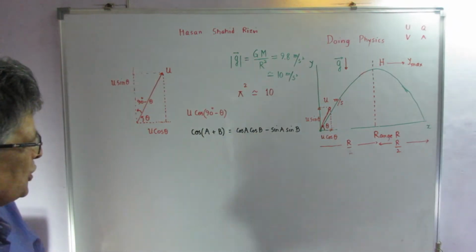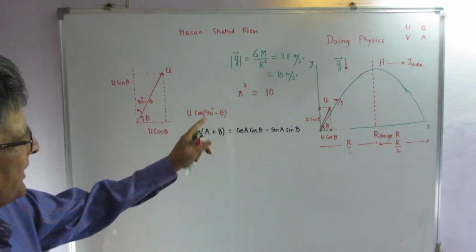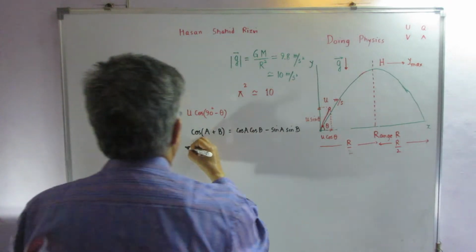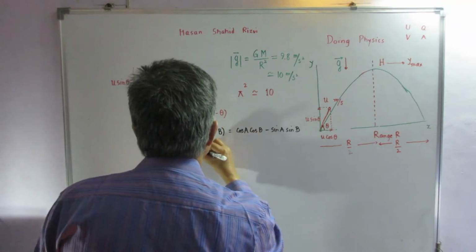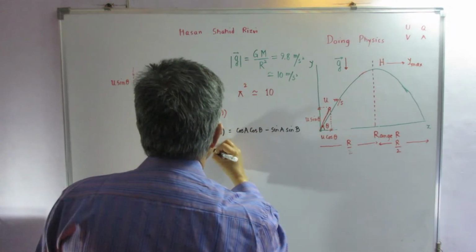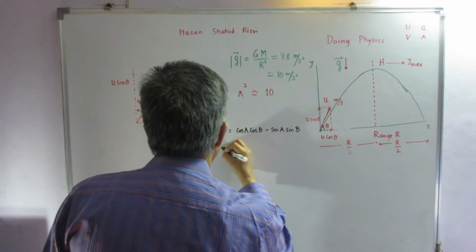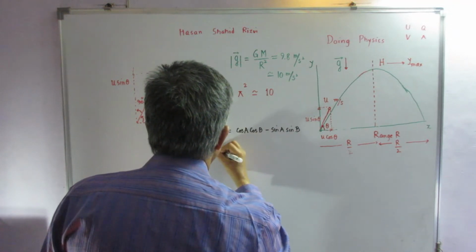So cos of 90 degrees minus theta: 90 degrees plus minus theta, another angle.